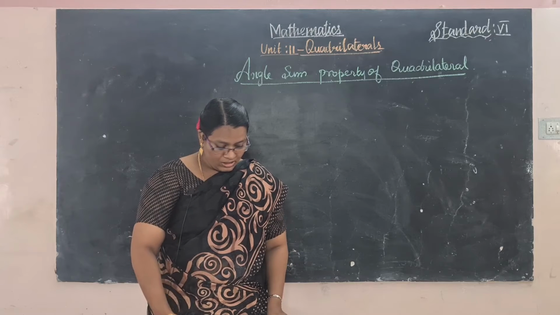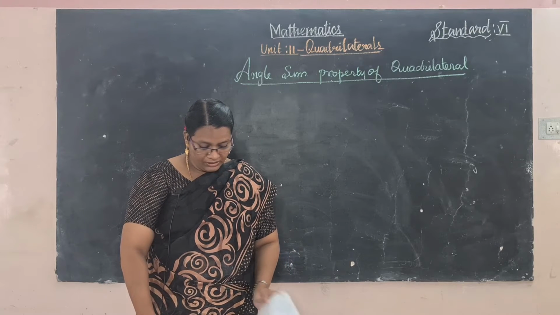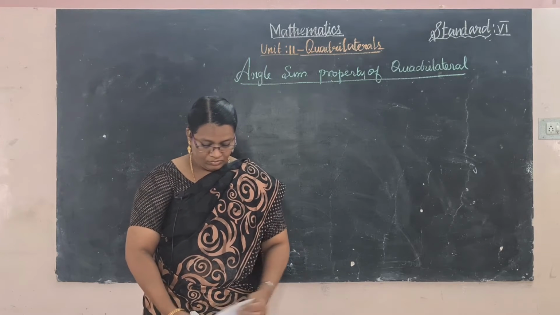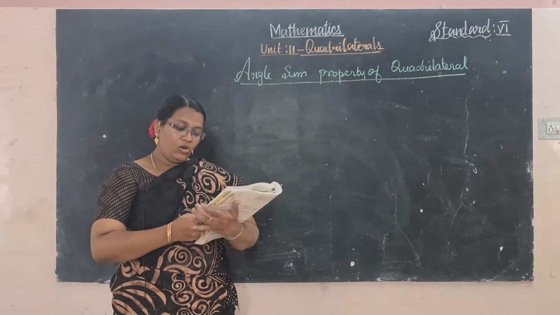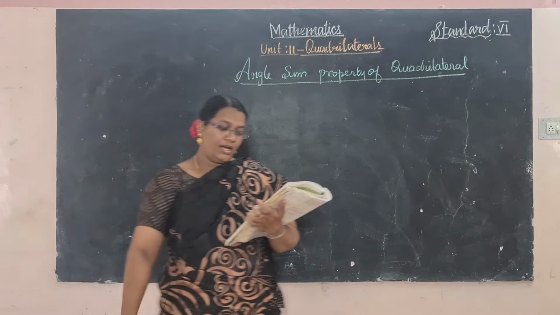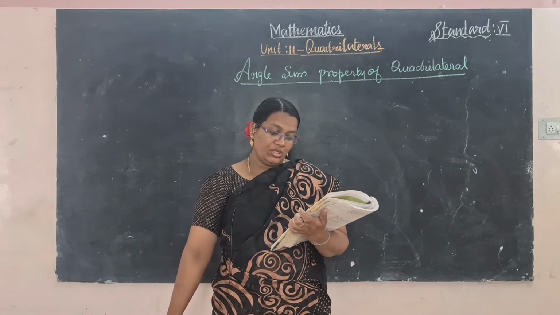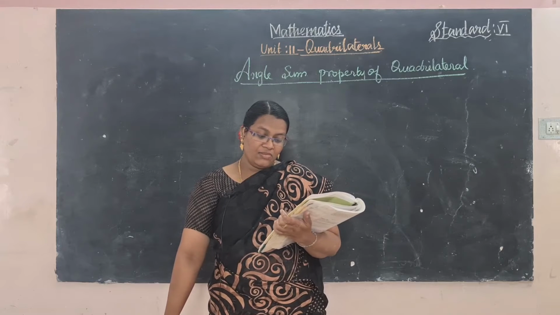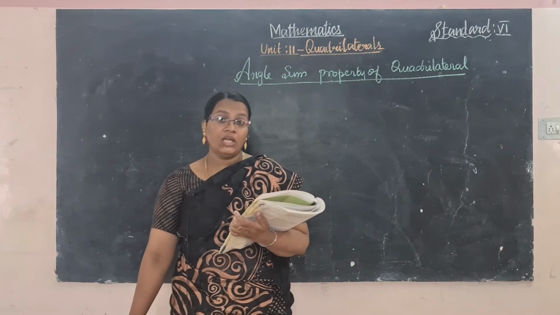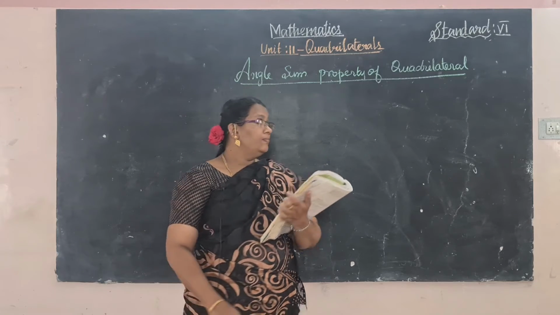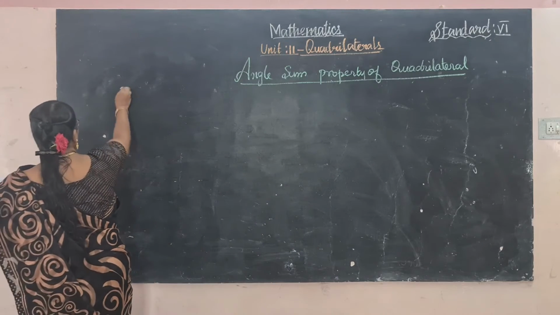Now see Example 2. The angles of a quadrilateral are in the ratio 1:2:1:2. Find the measure of each angle. So only the ratio is given, and you have to find the angles. So how can you find them?